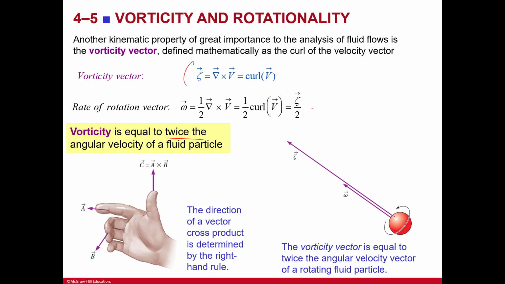So here you have the angular velocity, and then you have double that for the vorticity vector. Here, where the hand is, the direction of a vector cross product is determined by the right-hand rule.